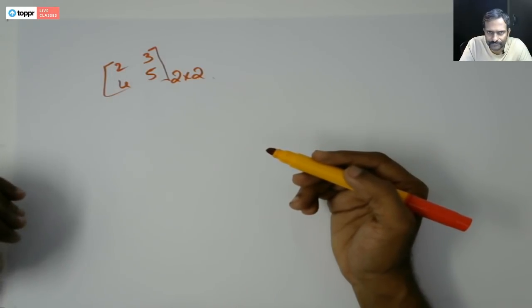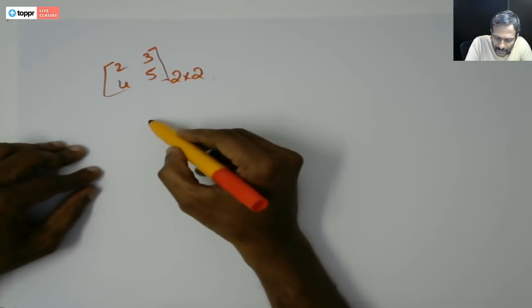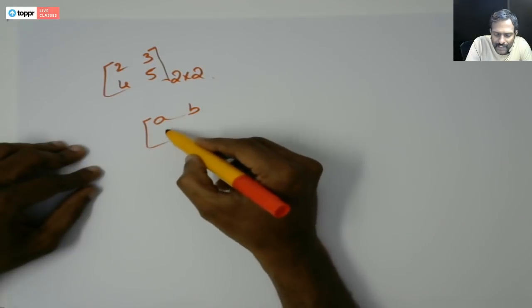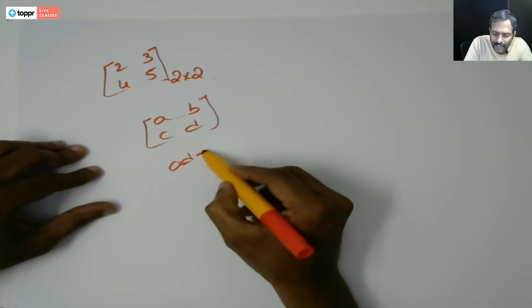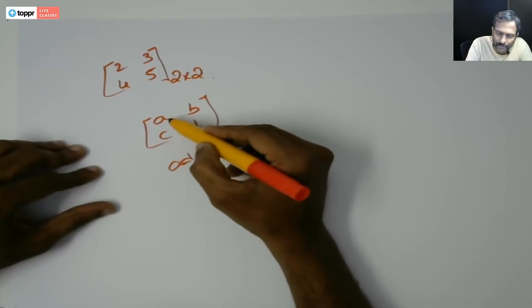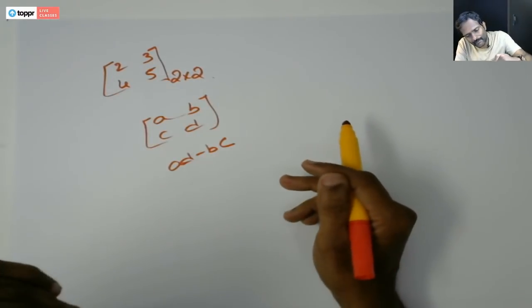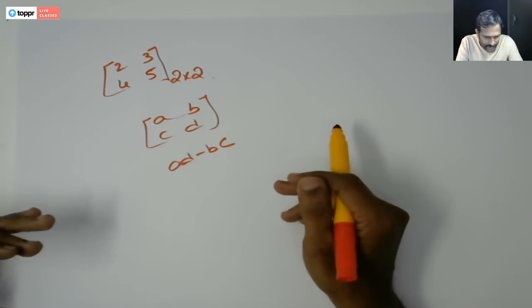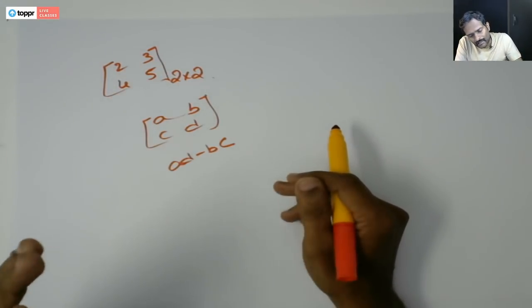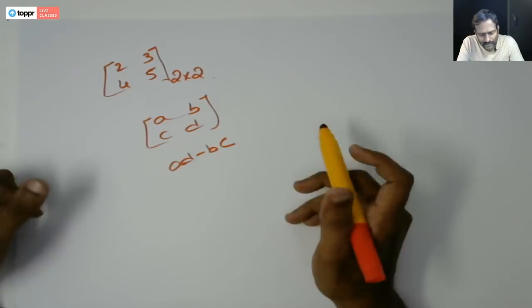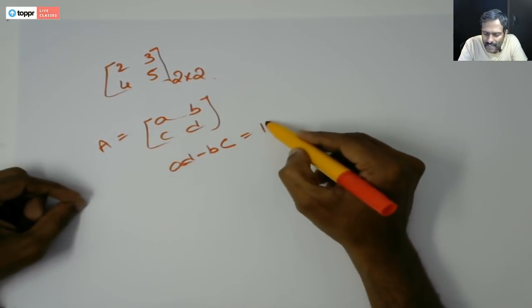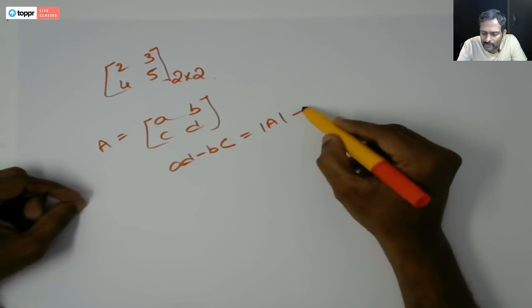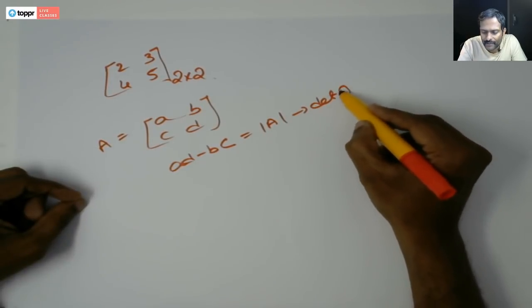If my matrix is A, B, C and D, the determinant of the matrix is given by AD minus BC, the product of the principal diagonal elements when it is a 2 by 2 square matrix, minus the product of the remaining two elements B and C. So if this is A, we denote this way, or we also write it as det A.